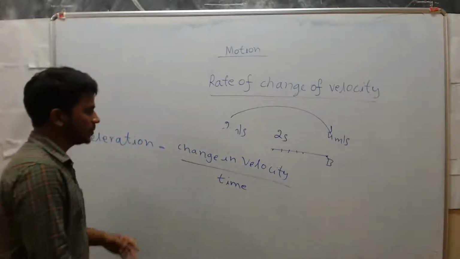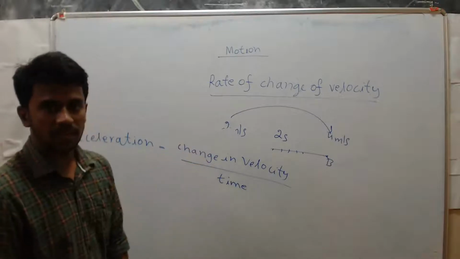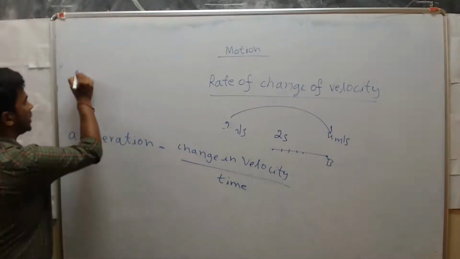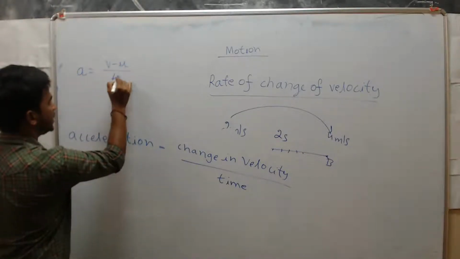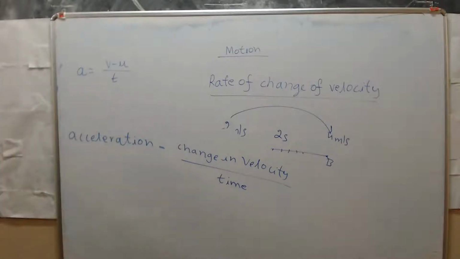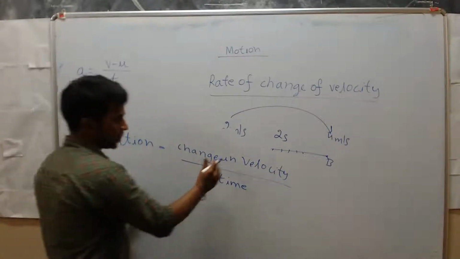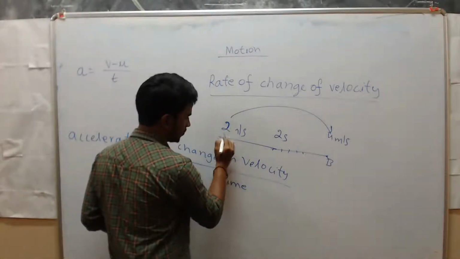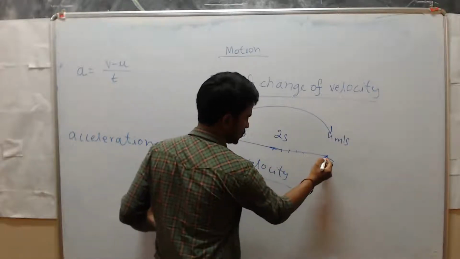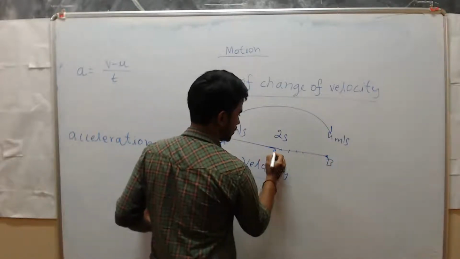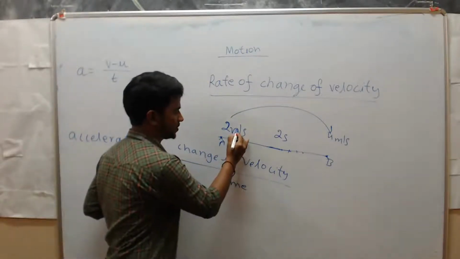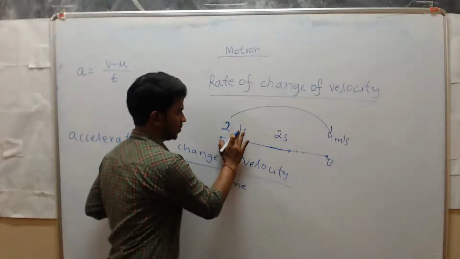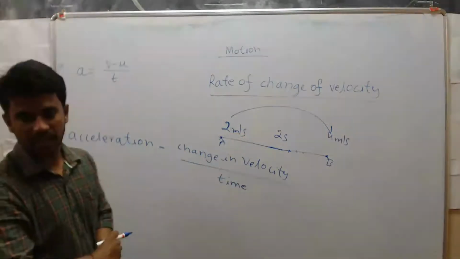Now how do we write this mathematically? This is the change in velocity, so we can write acceleration a equals v minus u divided by t. Here this is point A and this is point B. At point A, its velocity is 2 meter per second.